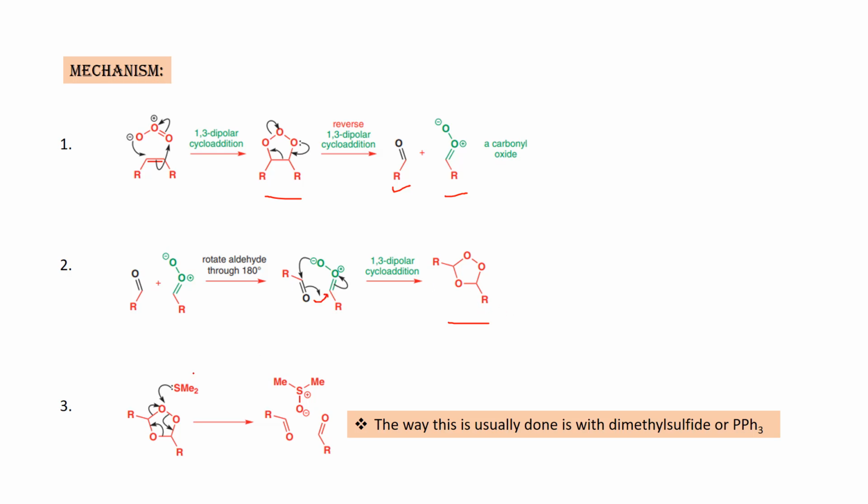After that, when you are adding Me2S, this is attacking here, this moves here, and we are generating two molecules of carbonyl compound. So usually instead of DMS, we can use PPh3 also as an electron donating agent. Now instead of this one, if you use H2O2 it will give OOH.